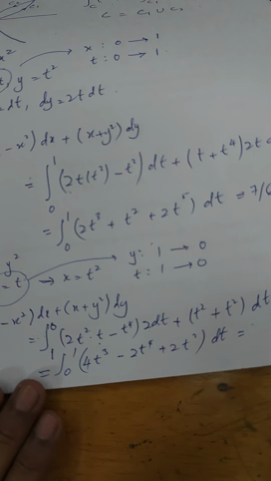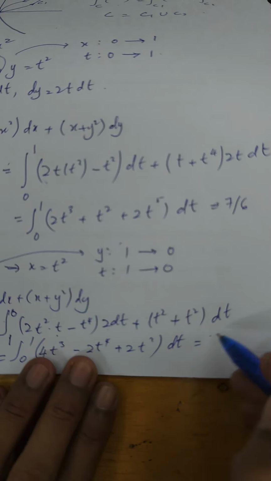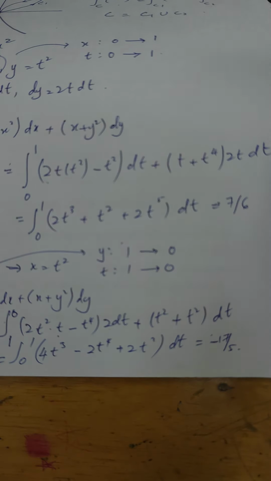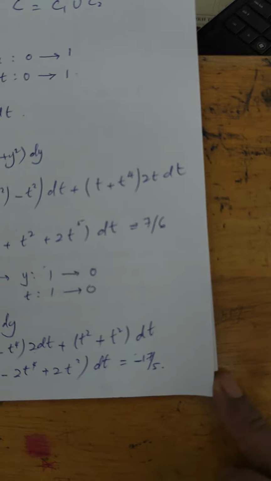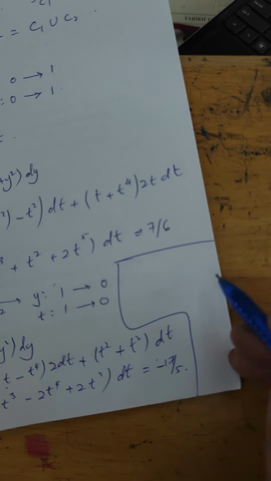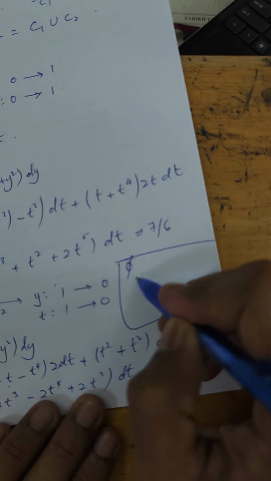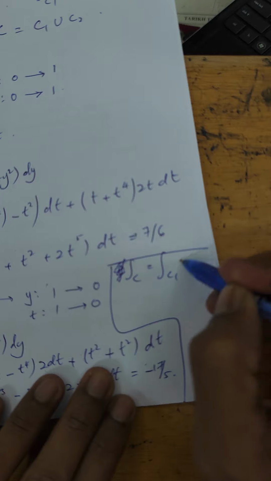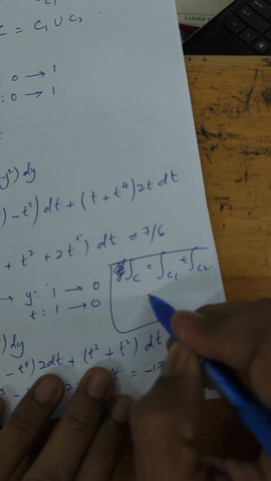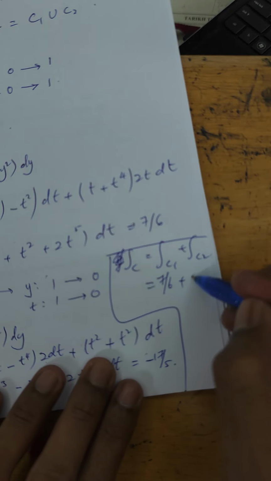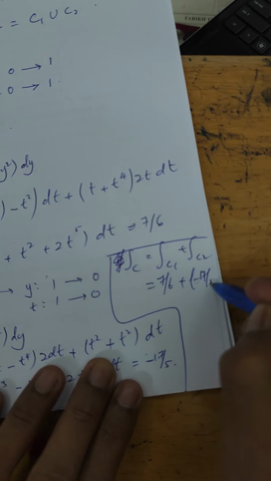You got minus 17 over 4. Alright, so therefore I need a little bit more space. Therefore the integral over C, this is C1 plus C2, gives you 7 over 6 plus minus 17 over 5.